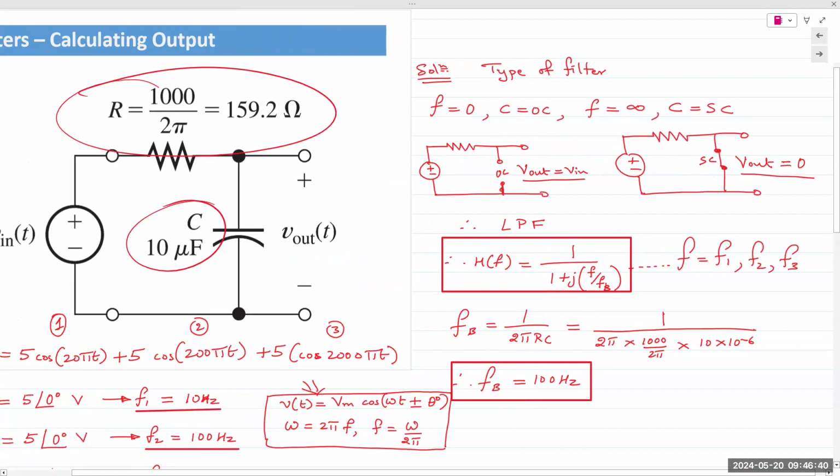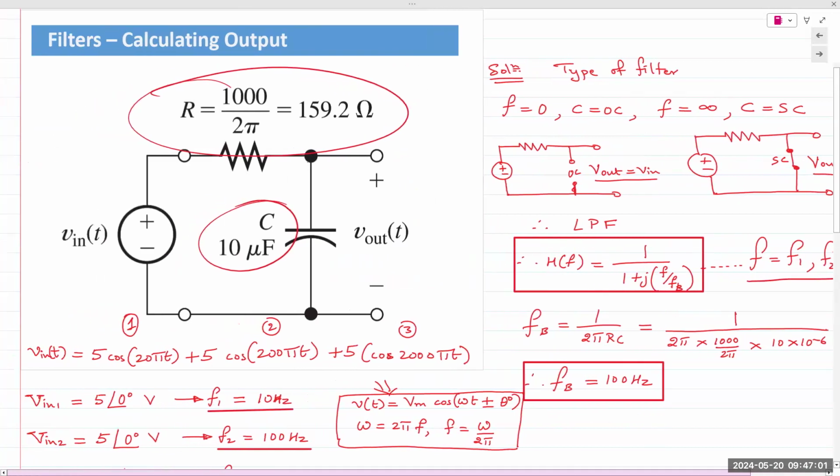We plug in the values for R and C, and we determine the value for FB. So far, so good. Then we need to look at our input and determine the frequencies for all three components.